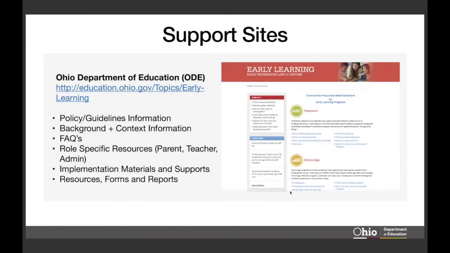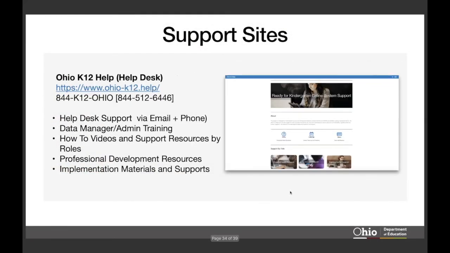In addition to the ODE site, the help desk site provides technical assistance for KReady, as well as training and support resources. For answers to questions, you can contact the help desk. For best results, we recommend that you go to the website www.ohio-k12.help and that you open up a help desk ticket by finding your program name and entering a description of the problem or issue or question.